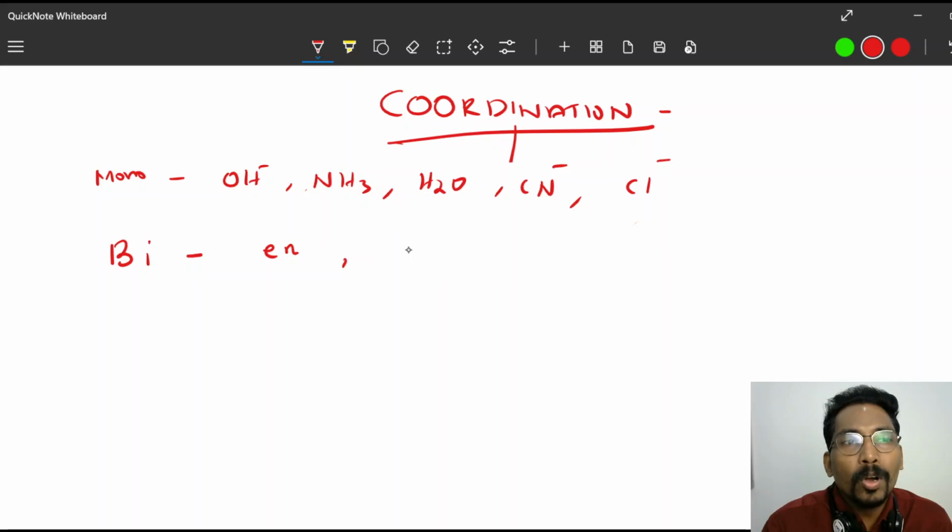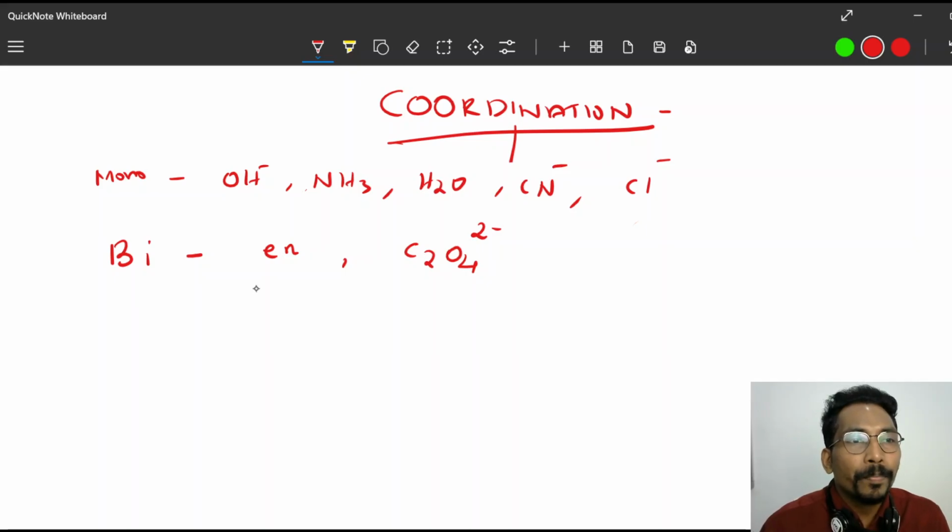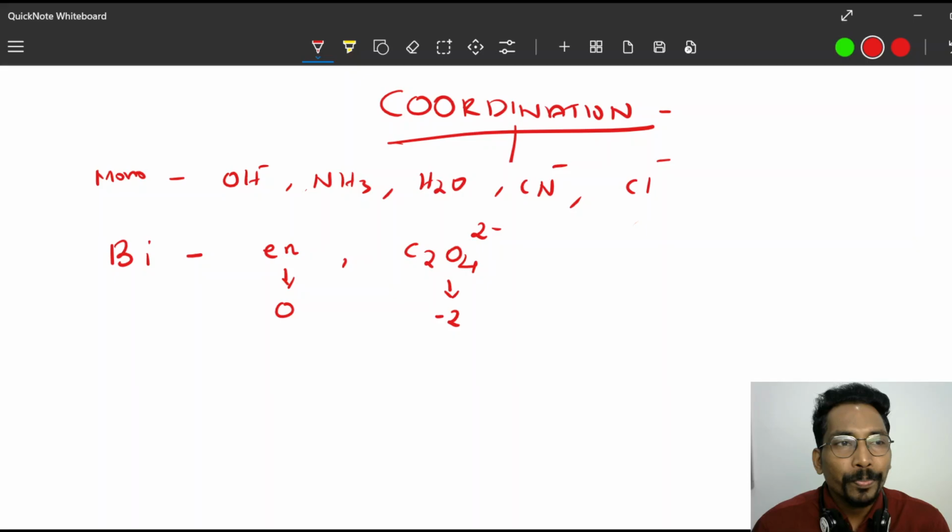The other one is the oxalate ligand, which is C2O4 2 minus. These two examples are very important. They are bidentate ligands. en is a neutral ligand, that means the charge is 0, and C2O4 2 minus is a negatively charged ligand, the charge is -2.